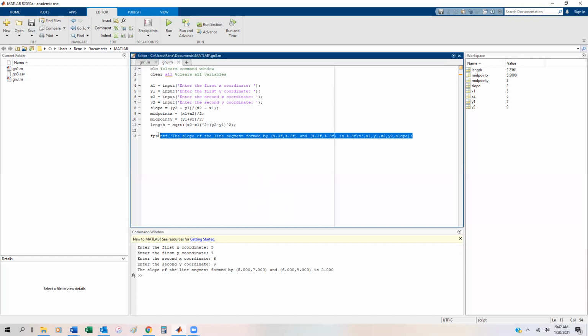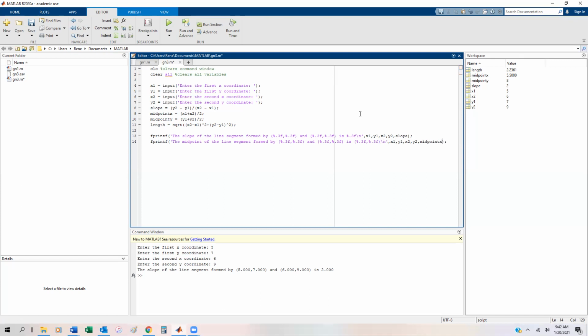Now the good news is we could just copy this, and we can just go ahead and get the midpoint, except instead of slope, the midpoint of the line, and I'm going to just change the slope to midpoint x, and since this is a midpoint, we're going to have two values, percent 0.3 f, close parenthesis.